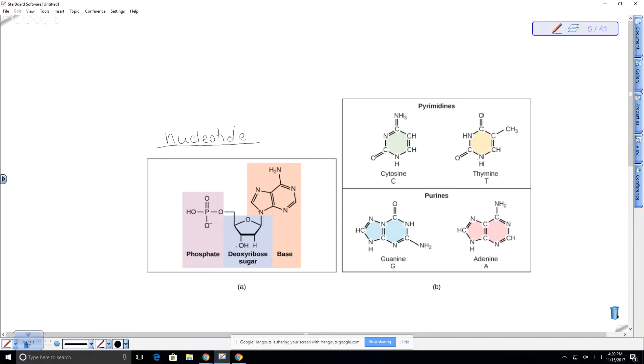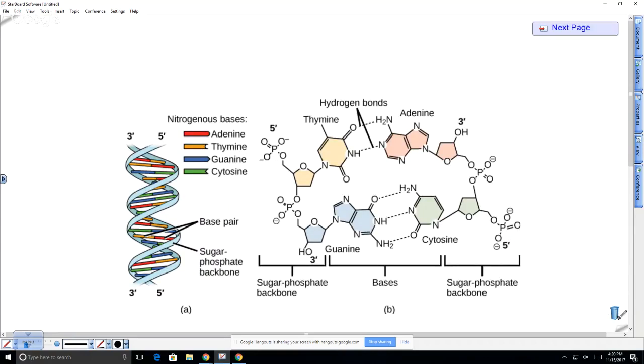It's got a P. If we look at how these are arranged, the sugar phosphate makes up the sides of the helix, and the rungs of the helix are made up of those base pairs. You'll notice here that the sides of the ladder would be the sugar phosphate groups. This is the side of the ladder right there.